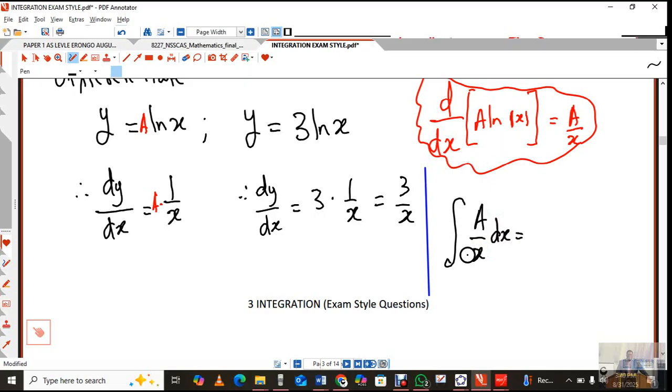You are going back because integration is the opposite, the reverse, the antiderivative. So what is the derivative? We have got a times the natural log of x plus the constant of integration.